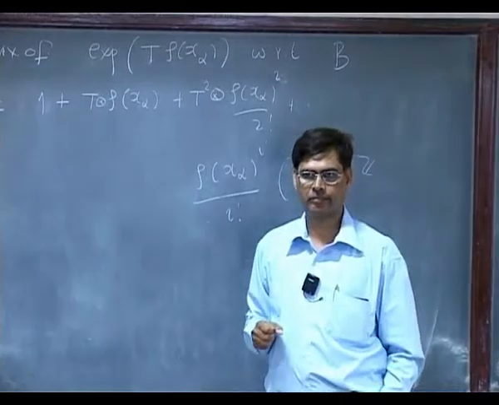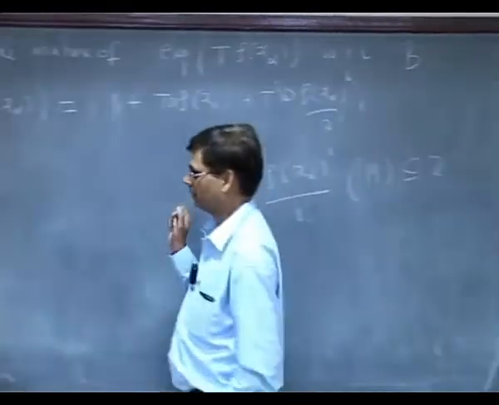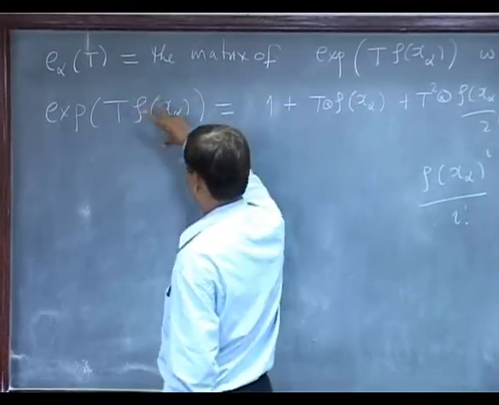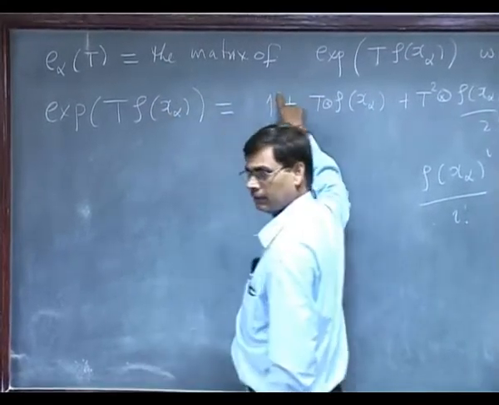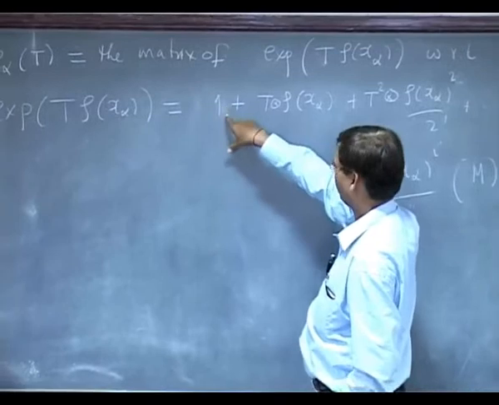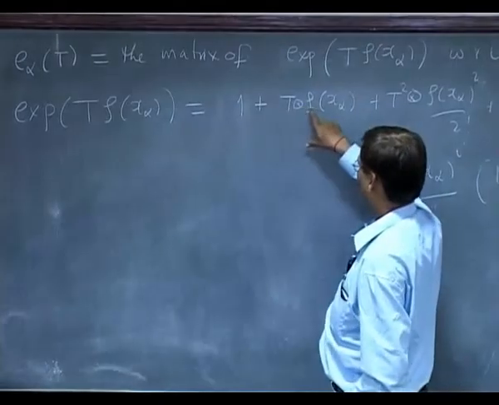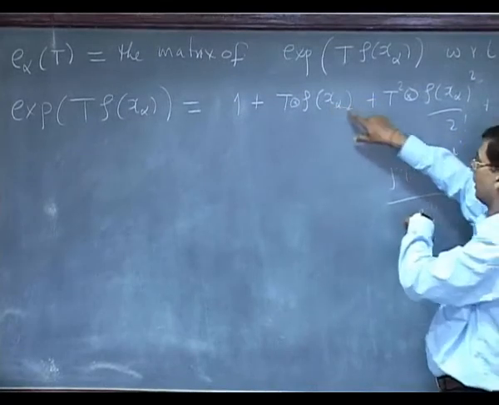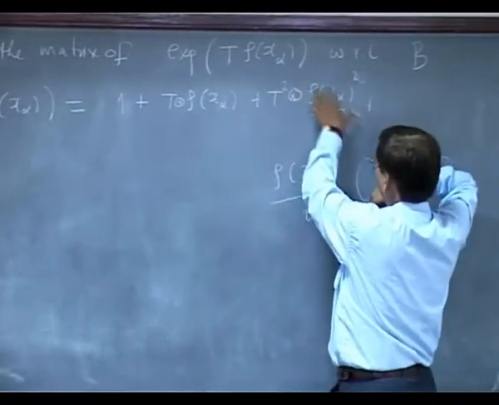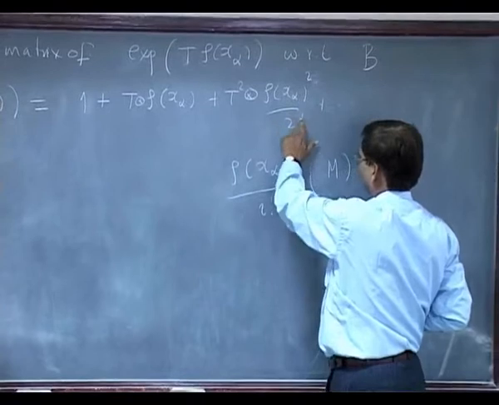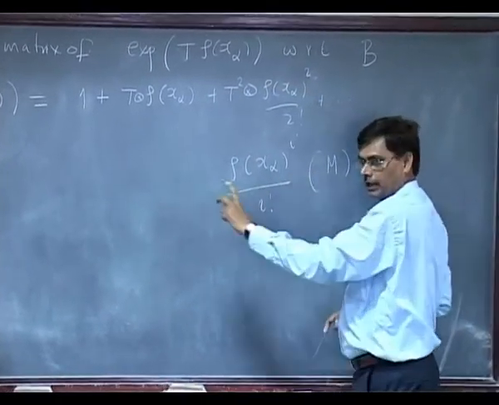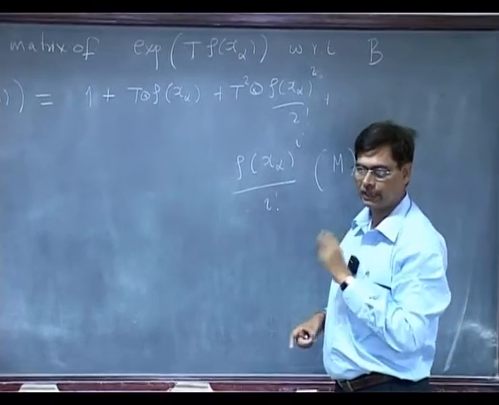This will take M inside M because this is the definition. So, if I take the effect of this transformation at m1, then you get m1 here plus T tensor rho(x_alpha) of m1, which is an integral combination of the basis, and T square rho(x_alpha) square upon factorial 2 of m1, again an integral linear combination, right.